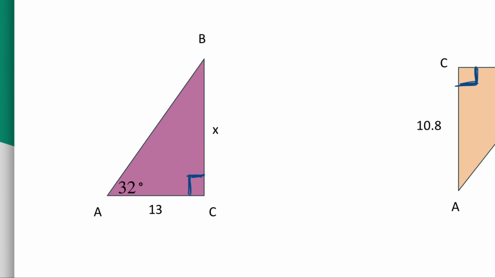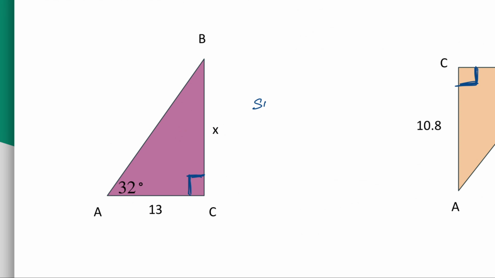So I see my reference angle is here, and I'm looking for this side, x, and I have this side, 13. I don't have the hypotenuse at all. So that'll eliminate sine and cosine off the bat because they both need the hypotenuse. So look, tangent is perfect. Opposite over adjacent. Perfect.